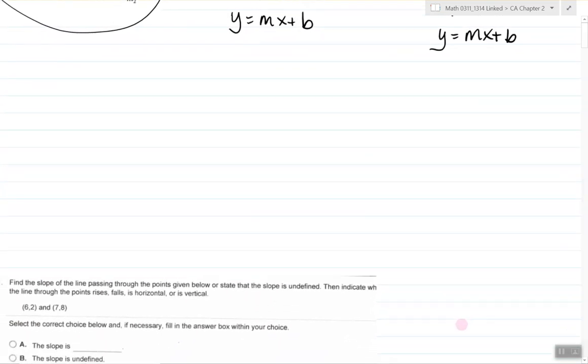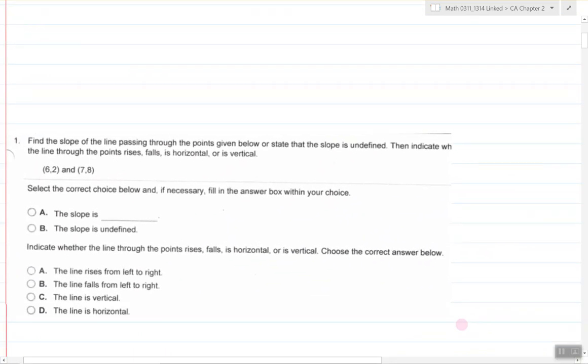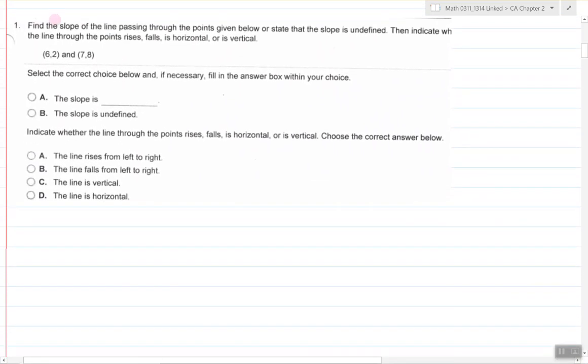So let's see everything that it might ask you to do in these two lessons. Number 1, find the slope of the line passing through the points given below, or state that the slope is undefined. Then indicate whether the line through the points rises, falls, is horizontal or vertical.